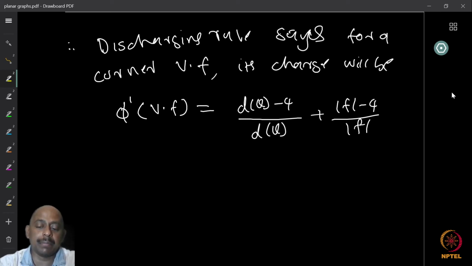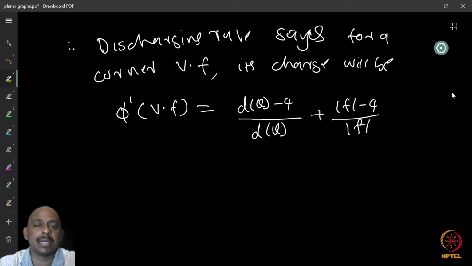So that is the charge given by the vertex to its corner. And the face, its charge is length of f minus 4, and because the face has exactly length of f many vertices, that many corners are also there. So that face also gives length of f minus 4 divided by length of f charge to the corner.